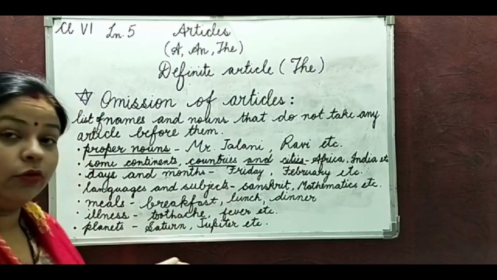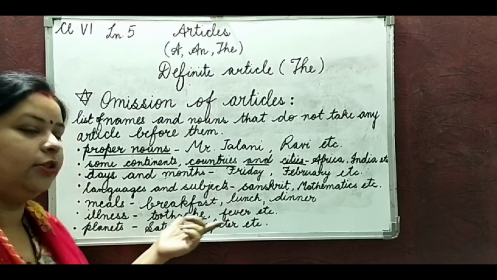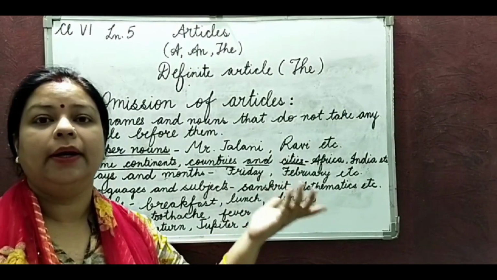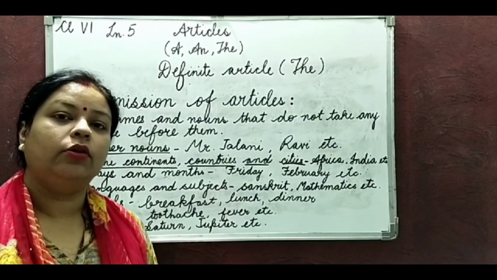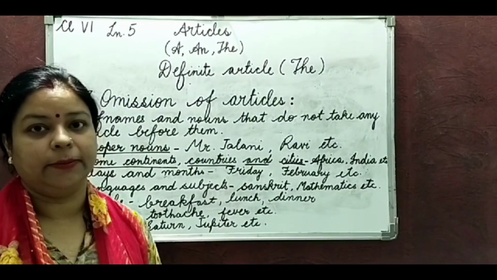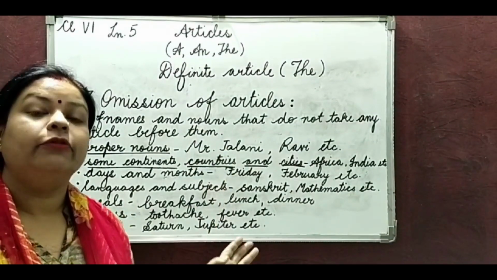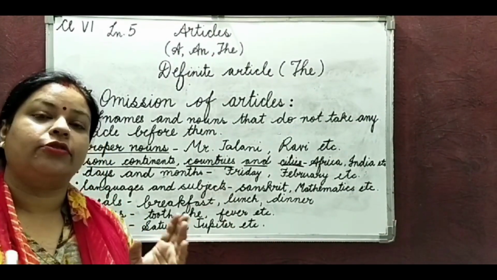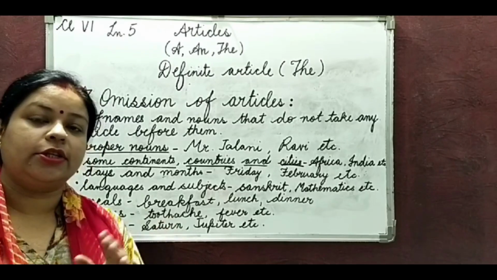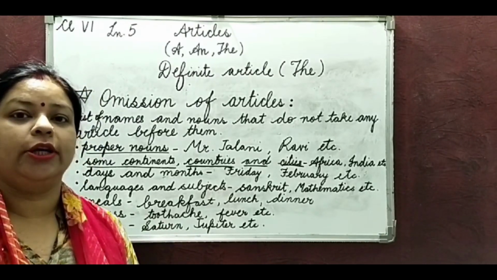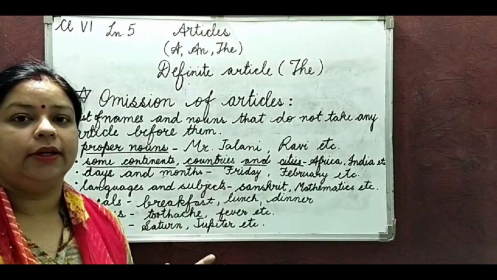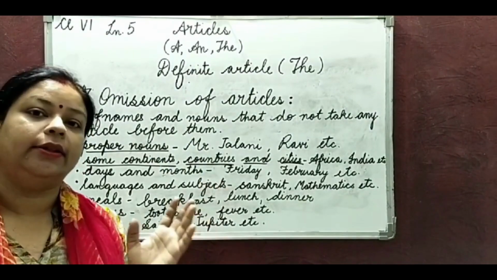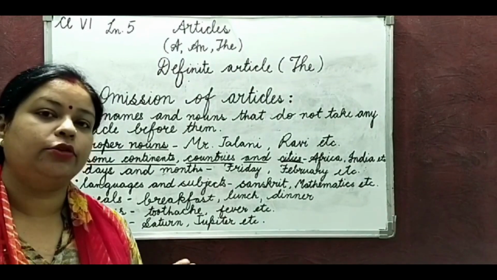Still, planets such as Saturn, Jupiter, Pluto, Mercury, Venus, whatever their names are, are not used with the article the. So these are points which you should remember and try to collect all the things together and study further to make the topic of articles clear to you.